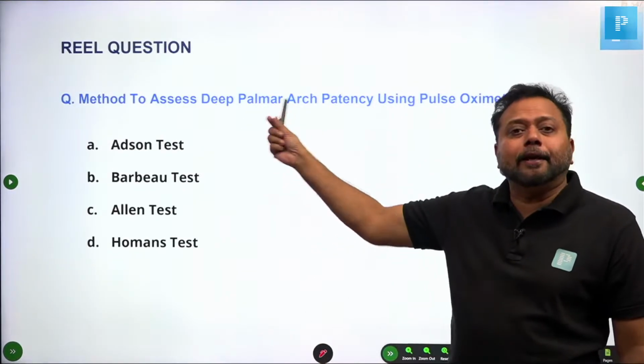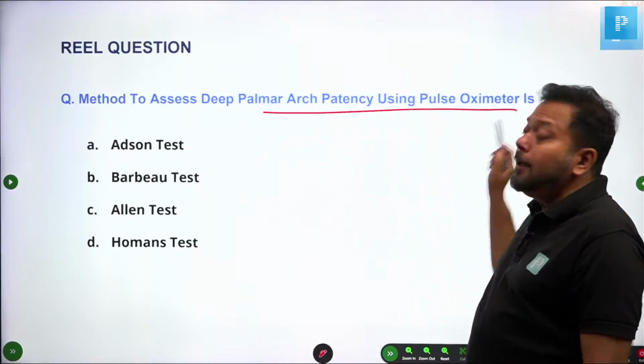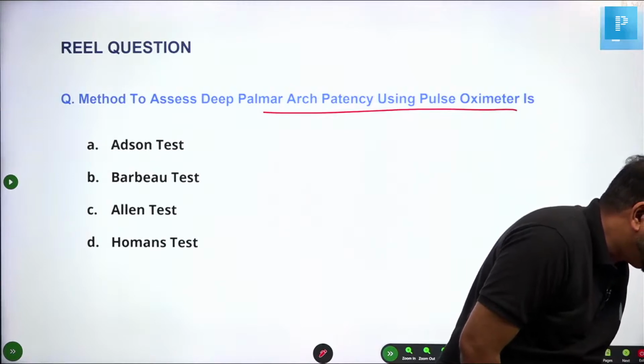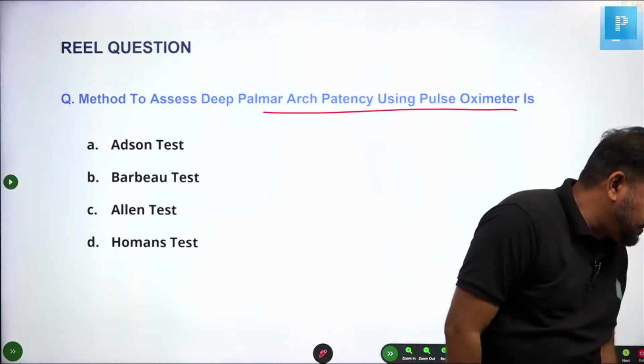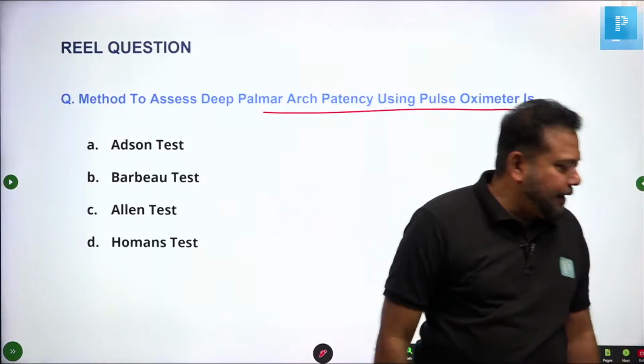Now let us go to the next framed question. Method to assess deep palmar arch patency using pulse oximetry. Yes. Superb.